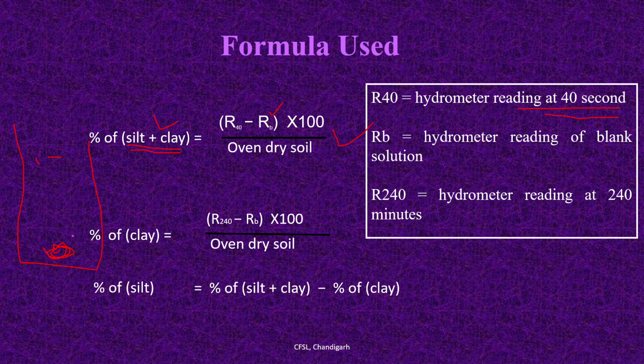For the blank, the soil solution is not added, only water is put in, and you take the reading by putting in the hydrometer. This is called the blank reading. First you take the blank reading, then the first reading after 40 seconds, and applying the formula you can calculate the percentage of silt and clay.